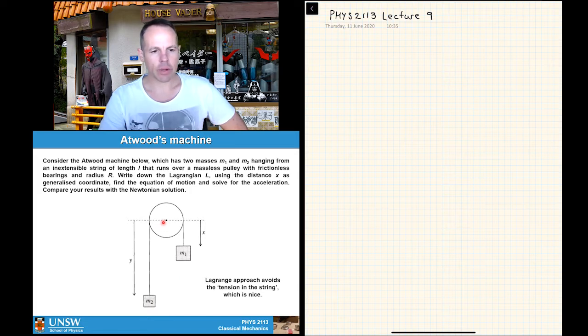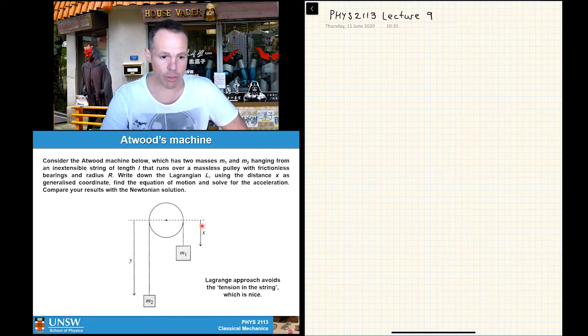To make the problem easily addressable, we define a 0 for a coordinate system just here, with a length x, which is the position of mass m1 below that pulley point, and a distance y, which is how far mass 2 is below the same pulley point.